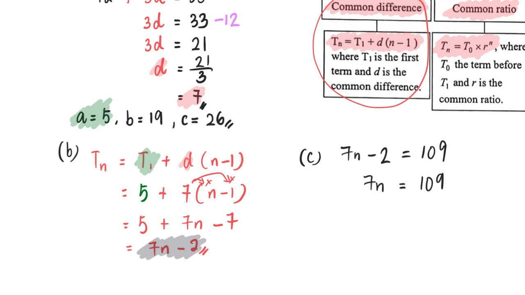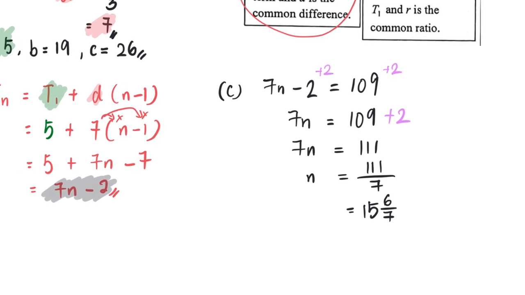109, I will need to add 2 to both sides so that I will get this working. And when I divide 111 by 7, I realize that it is not a whole number. Instead, I will get a mixed number.